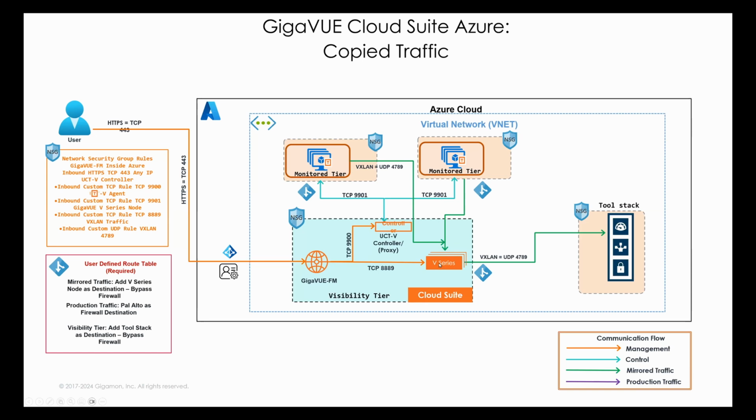And at that point, you have the ability to use different GigaSmart operations and route that traffic to your final tool stack, whether it's on-prem or in the cloud. We are agnostic as long as you have a routable IP address that can ingest the VXLAN traffic, you're golden.